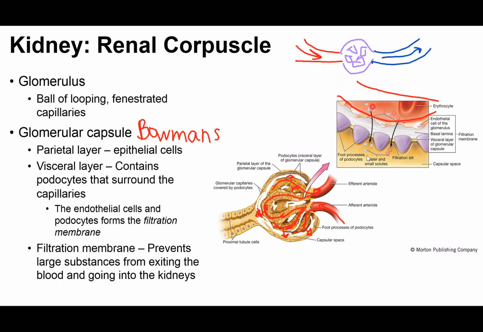However, things like water and small solutes like salt, this is stuff that we have to get rid of from time to time in order to maintain our fluid, electrolyte, and acid-base balance. So that's stuff that's kind of small that we want to be able to get rid of, and because we have this filtration membrane, we have the ability to do that in a very tightly regulated way.